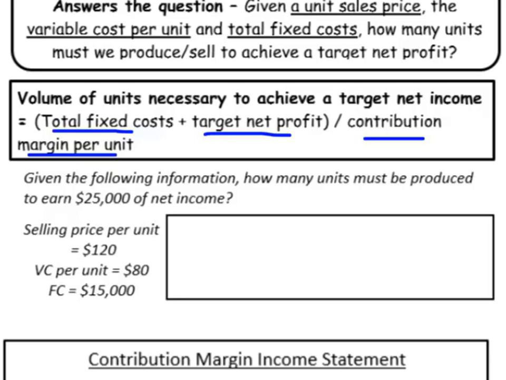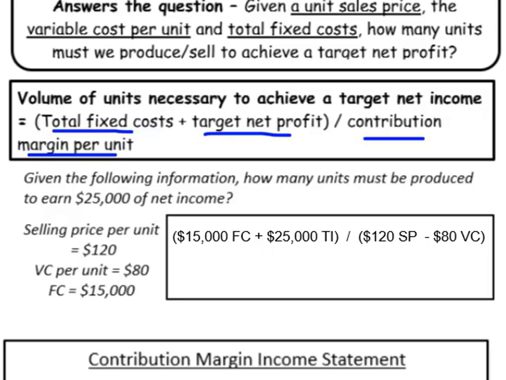So here we're given a problem. Given the following information, how many units must be produced to earn $25,000 of net income? So again, we can basically insert the numbers within this target net income formula.